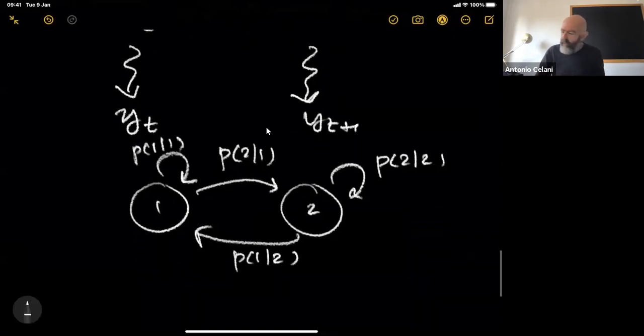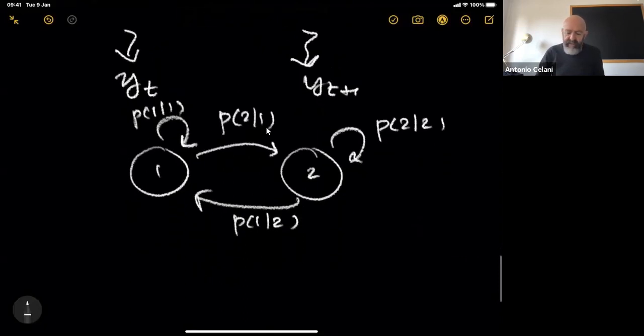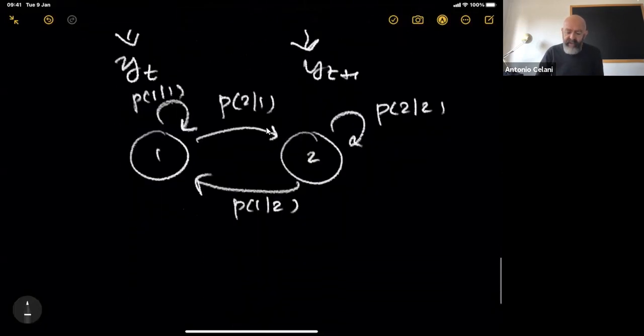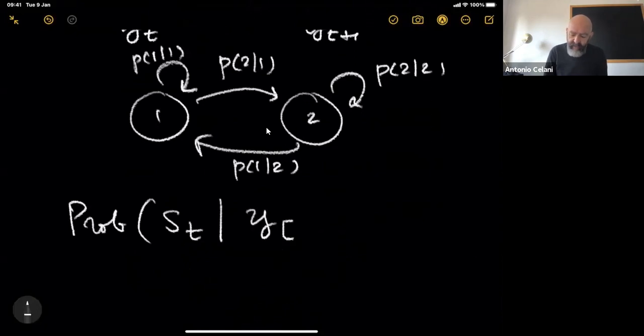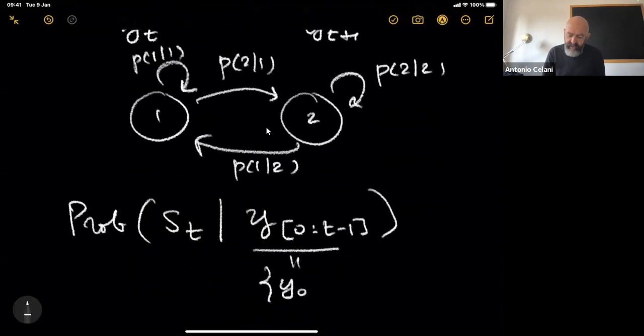Okay, so like I said, a very important and relevant piece of information would be to identify the probability of being in a certain state at time t, given the previous history of observations. Is the notation clear here? By this I mean a shorthand for observation at time 0, observation at time 1, up to observation at time t-1.